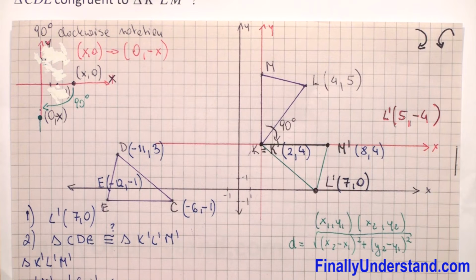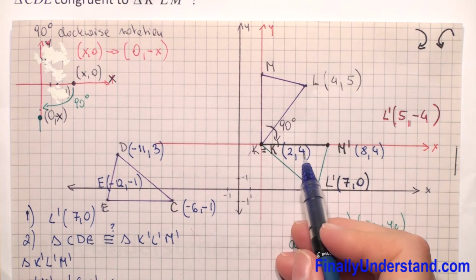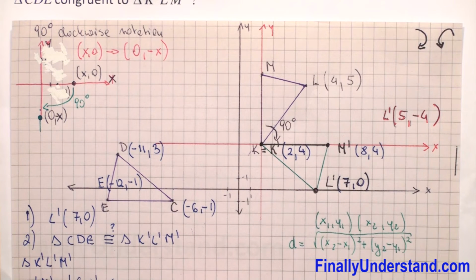So this is 7 minus 2 to the second power, plus, now we subtract the second coordinates, 0 minus 4 to the second power. So this is equal to the square root of 7 minus 2, this is 5 to the second power is 25, and we have negative 4 to the second power is 16, so plus 16. So this is equal to the square root of 41.